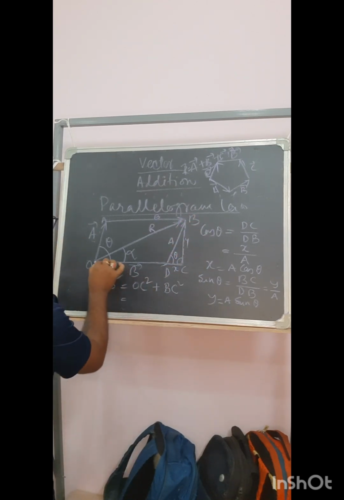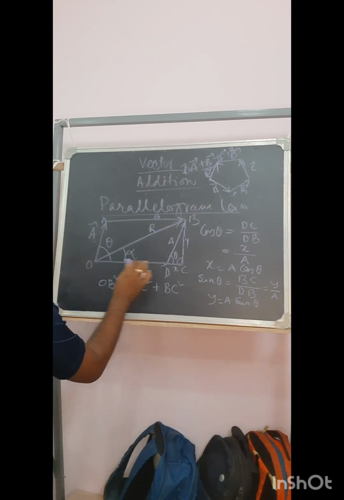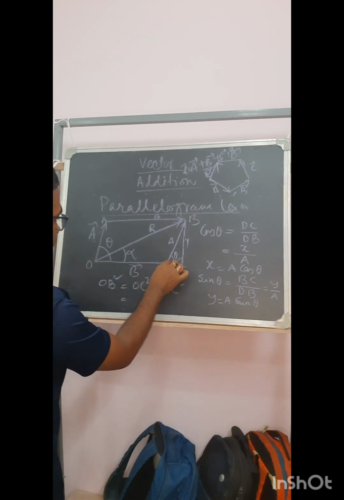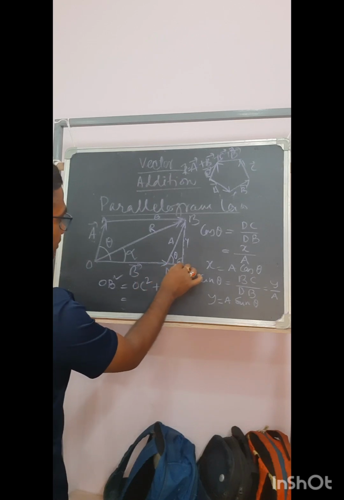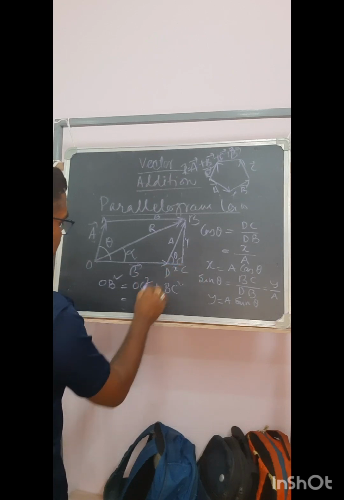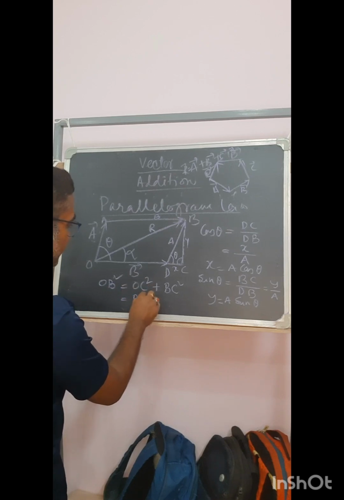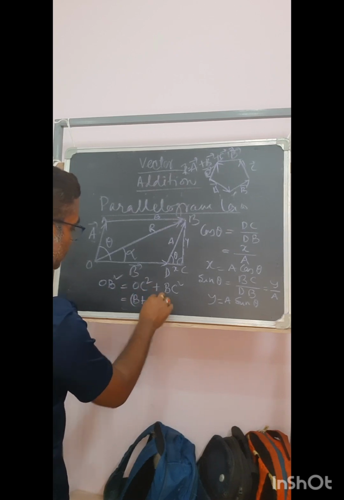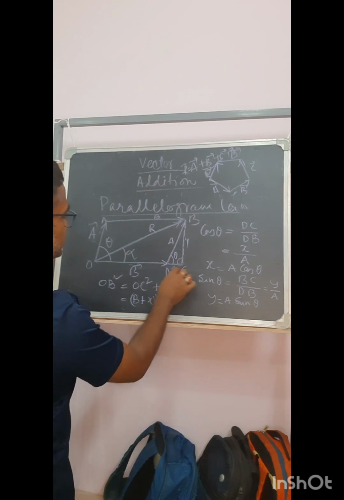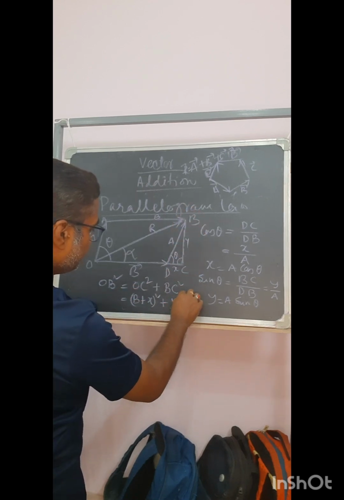Now OC can be written in the known variables, that is OD I know. So with whatever variable taken, this is x. So OC can be written as vector B plus x, whole square, plus BC, which is y already taken, y square.